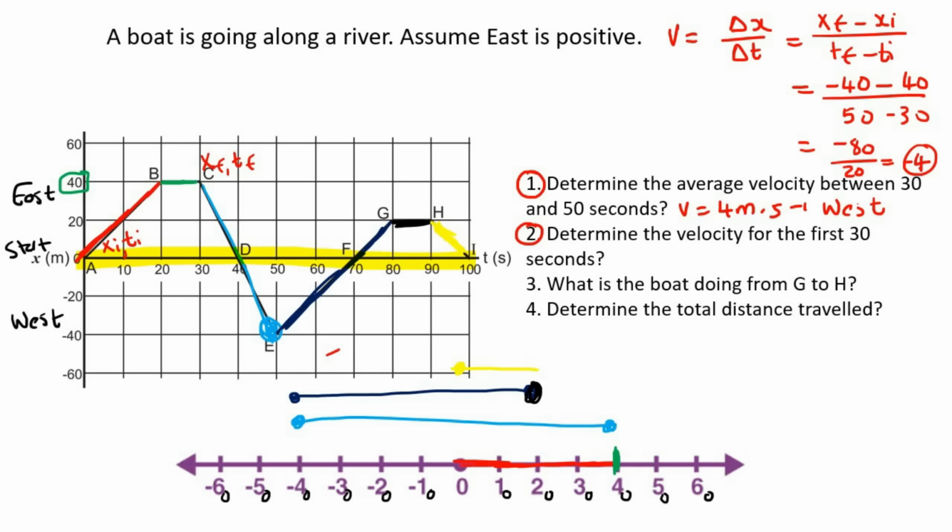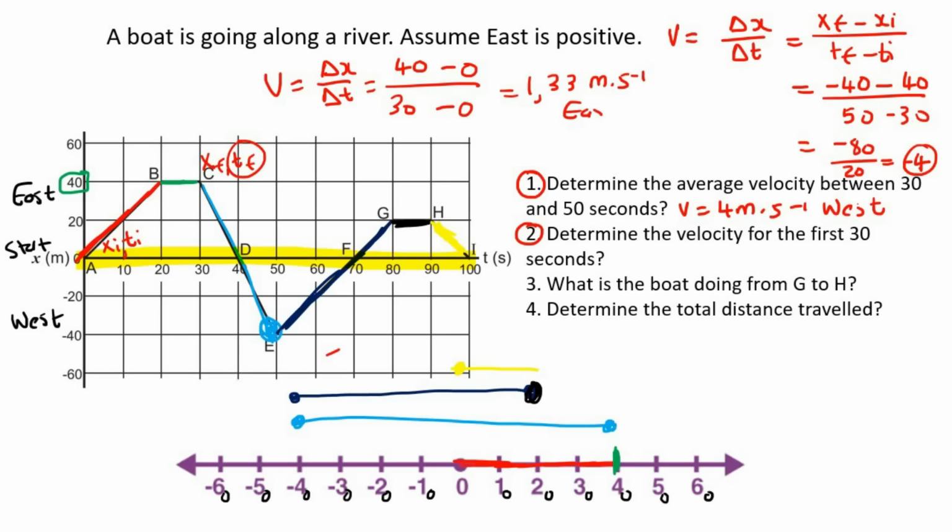Using the formula v equals delta x over delta t, it's going to be 40, because that's this displacement, minus the initial displacement, which is 0, over this time, which is 30. See how it's 30 over there? Take away 0. That gives us 1.33 meters per second. Because we're getting a positive answer, we say east. So 1.33 meters per second east.